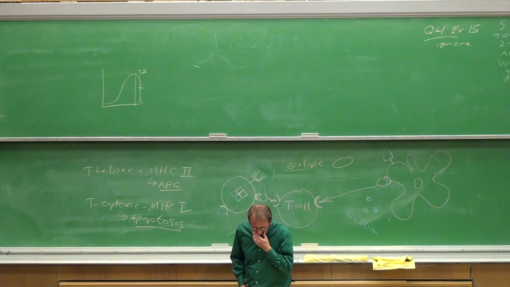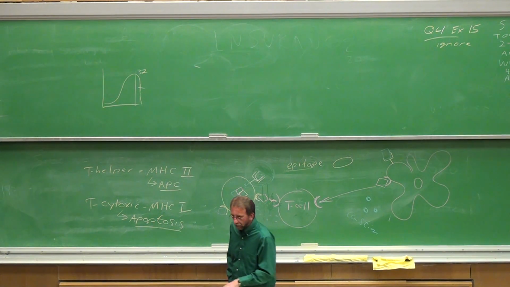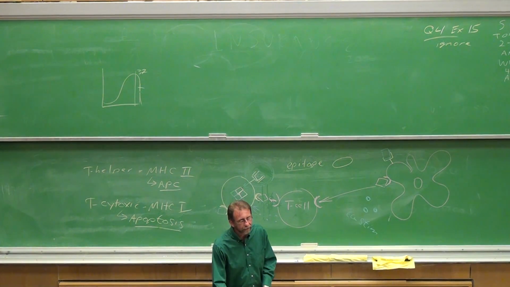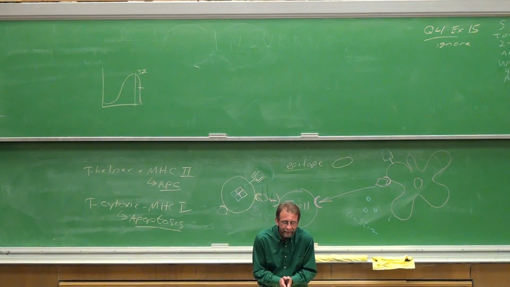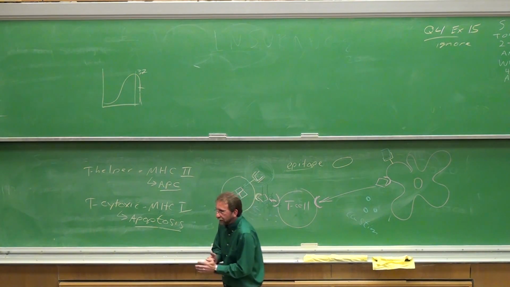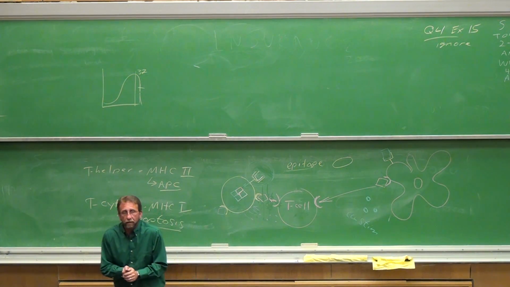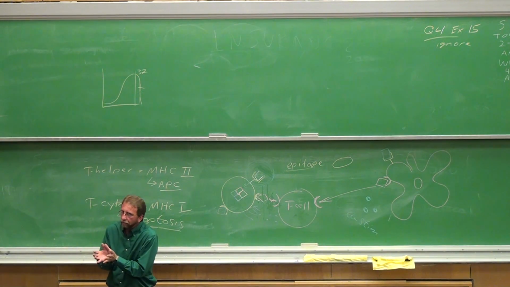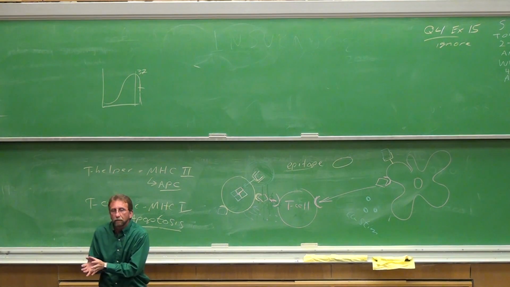Natural killer cells, we pretty much covered them. They're going to recognize antibodies, so they're part of the ADCC, antibody-dependent cellular cytotoxicity, and they're going to recognize cells that are lacking MHC molecules. If you don't have an MHC molecule, that means something's wrong.